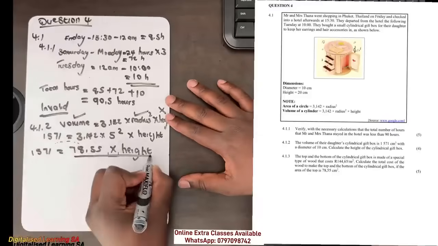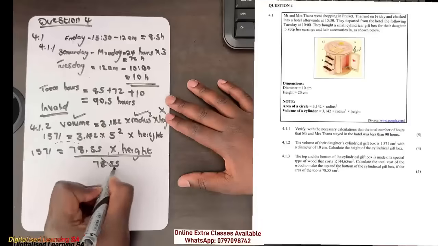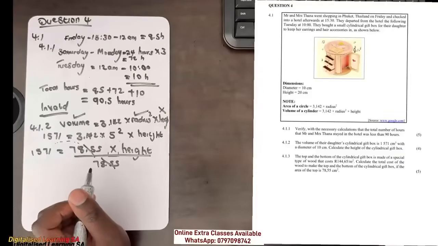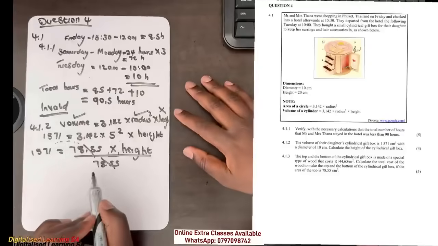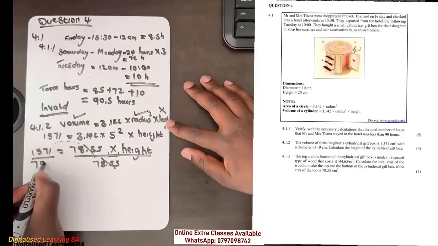So if we divide this side by 78.55, the 78 and the 78 will cancel. And one important thing is that what you do on your right hand side, you always need to do it on your left hand side. So because here we divided by 78.55, even on our left hand side we still need to divide by 78.55.